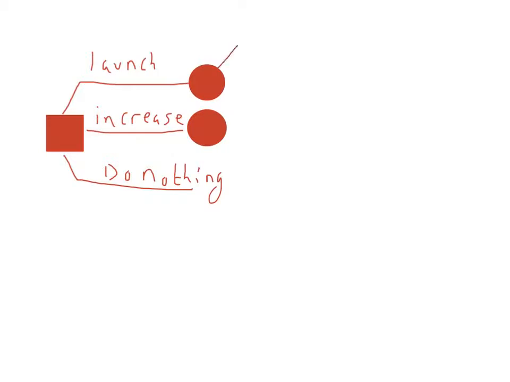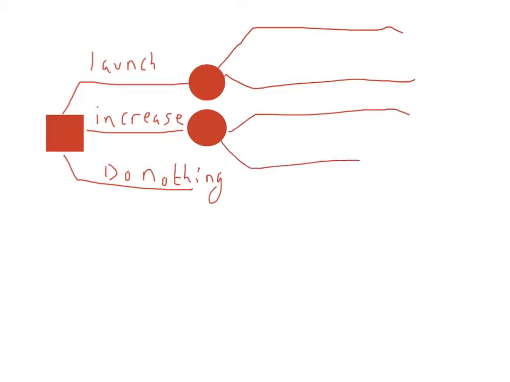So remember, these come off the circle. And we don't need any for the bottom one because there won't be any outcomes from doing nothing.